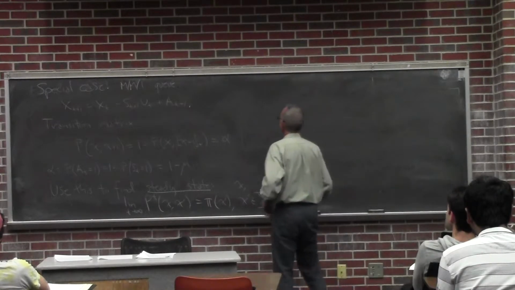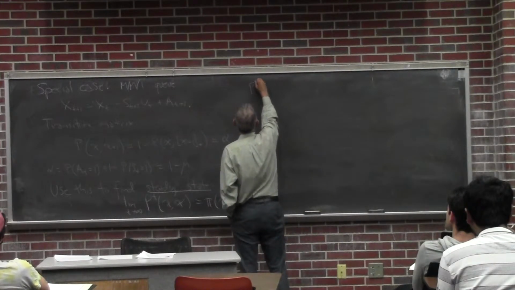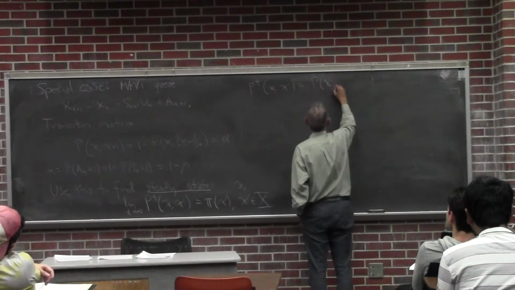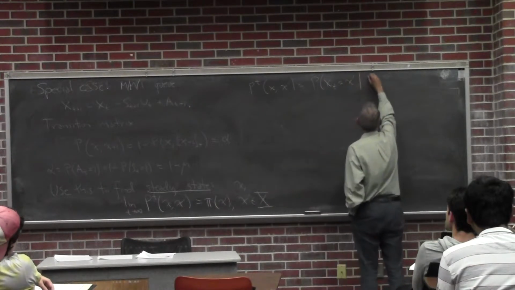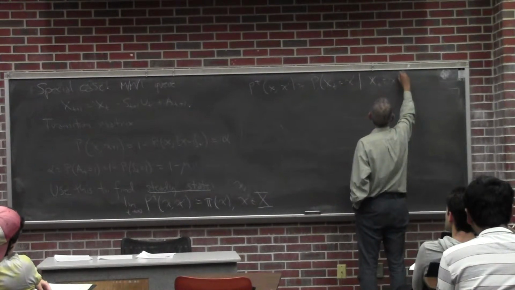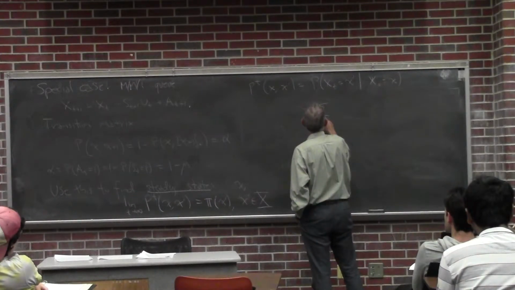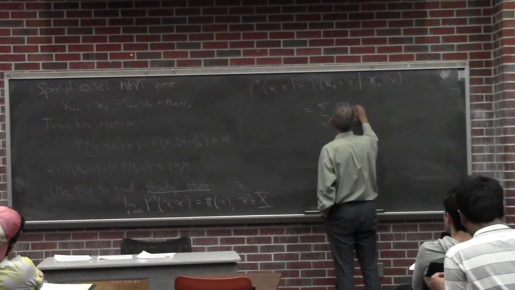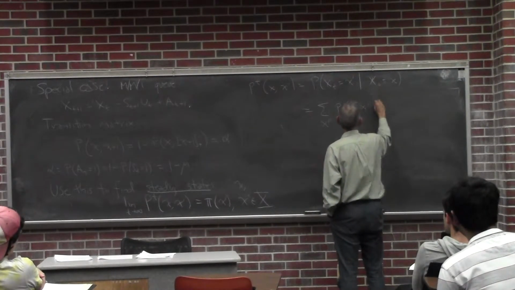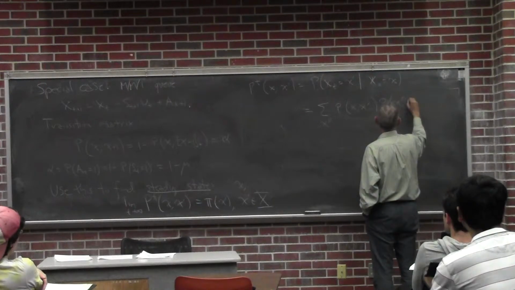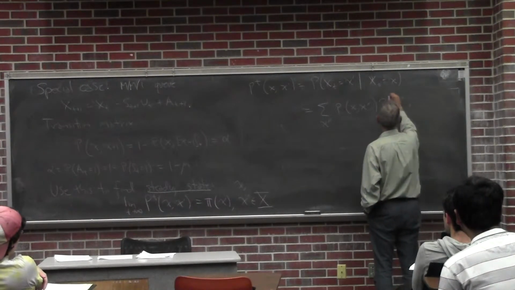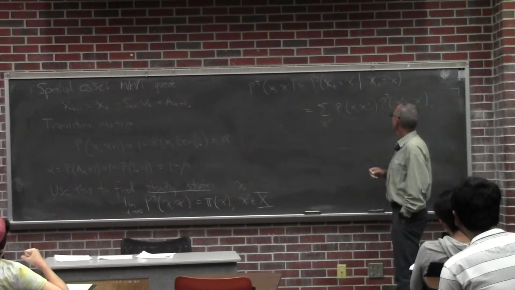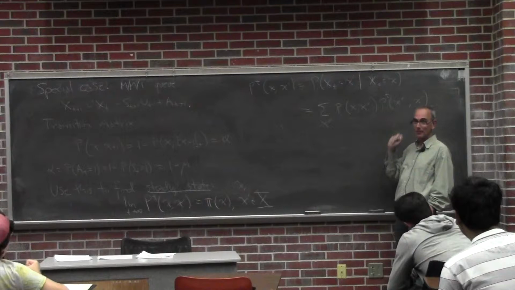So remember, it is equal to the sum over all intermediate states. It is obtained through matrix multiplication, all right?